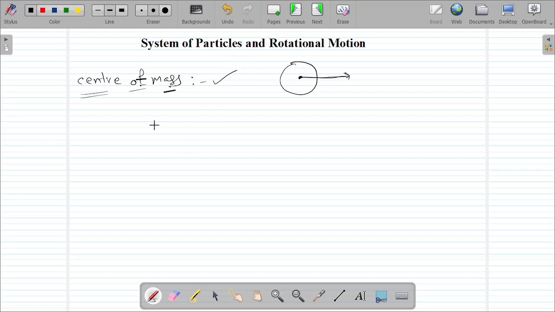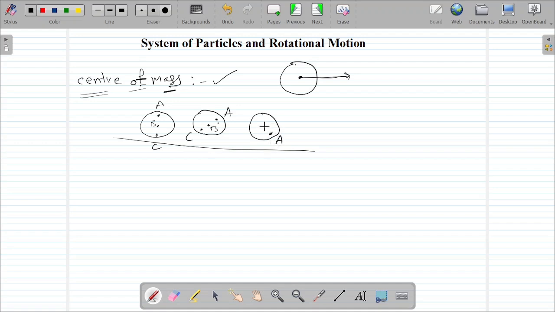For example, let's consider a ball on a surface. Let's consider three particles A, B and C. When it rolls, A is in between, B is at the top, C is at the bottom.